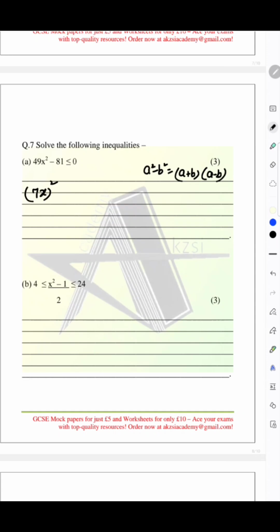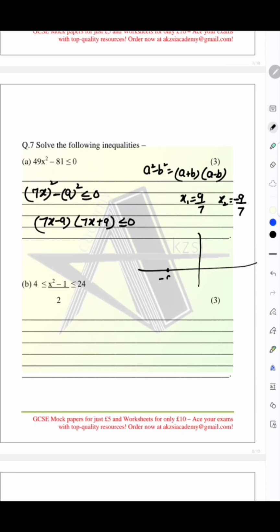How you got to know is, they're two square numbers, if you can identify them easily, minus 9 squared. So this is 7x minus 9 times 7x plus 9 less than equal 0. So x1 will be 9 by 7 and x2 is negative 9 by 7. Drawing, I'll get negative 9 by 7, positive 9 by 7.